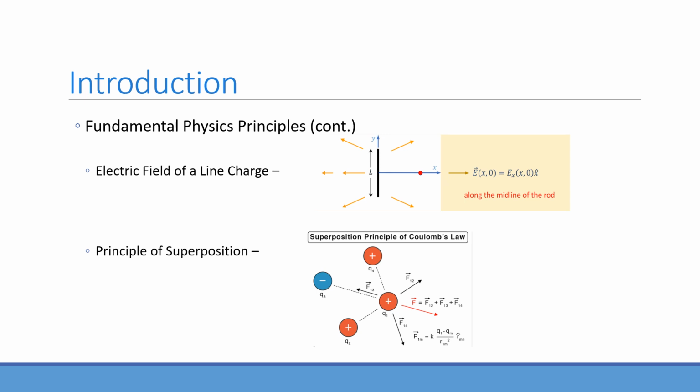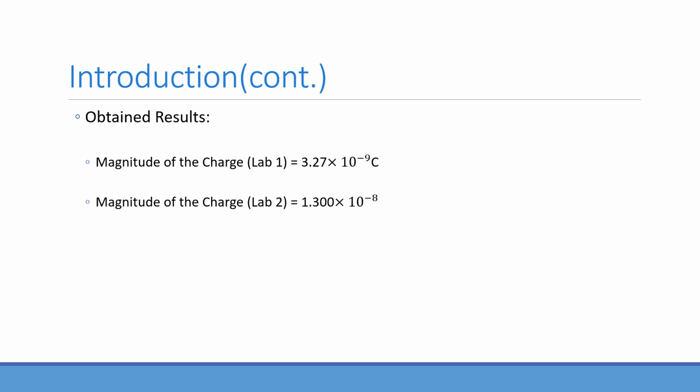But then also we needed to use the equation for an electrical field of a line charge, as well as the principle of superposition, which takes the E net or F net at an observation point for multiple different points of charge, which we had to do in order to calculate the force on the one tape by the other tape.